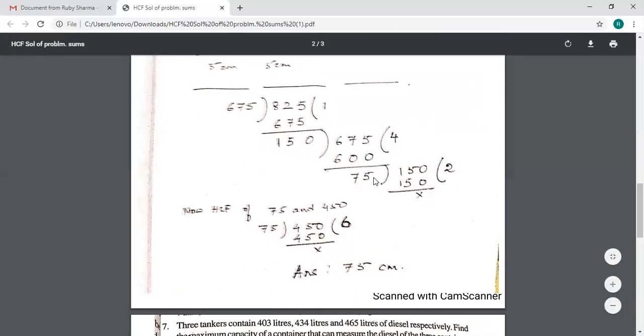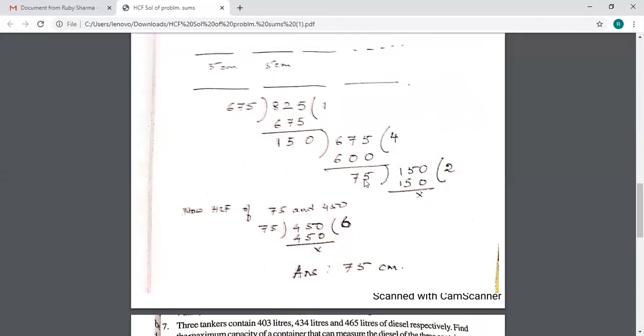Then the remainder is 75 when you subtract. Then again you have 150. The second divisor will become the third dividend. Then you divide it, 75 into 2 is 150. So finally you are getting the HCF of 675 and 825 is 75.